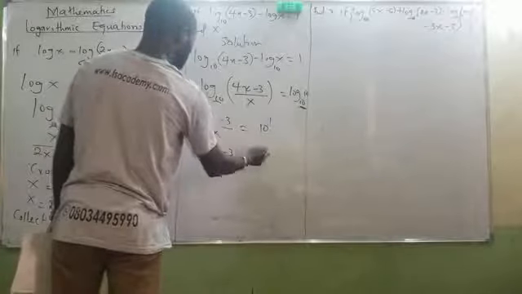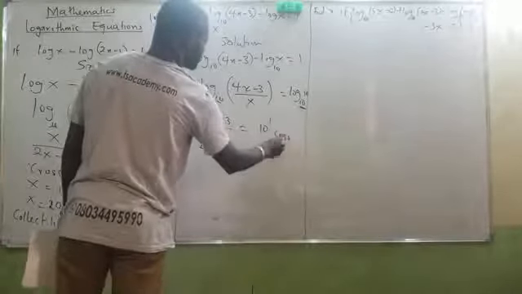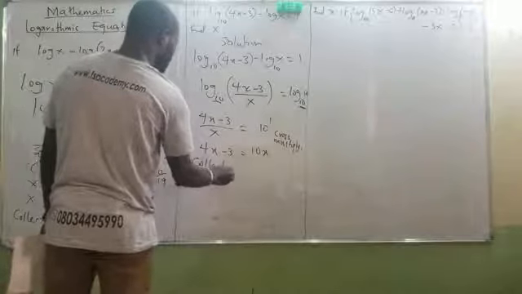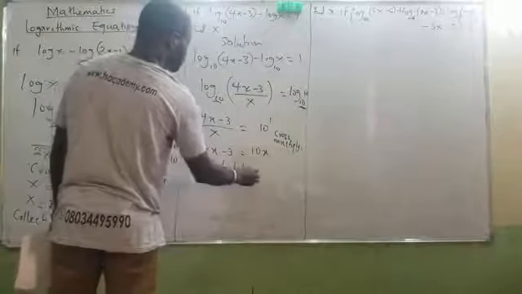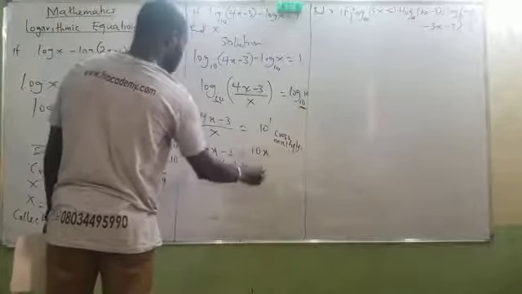Now I just cross multiply. Since I have that, collect like terms. I will just have 4x minus 10x equals 3.